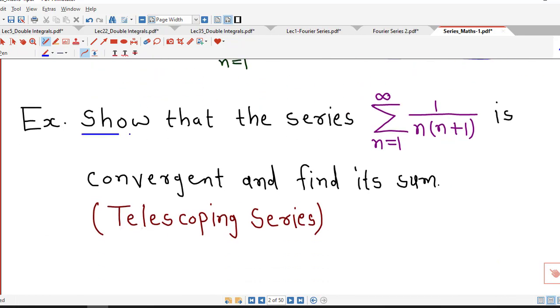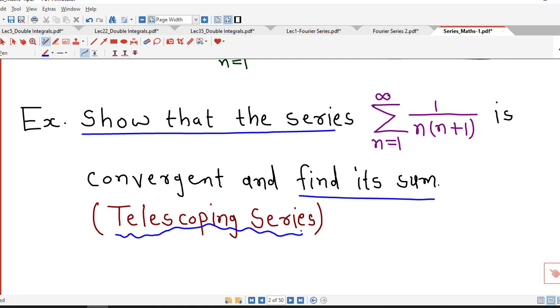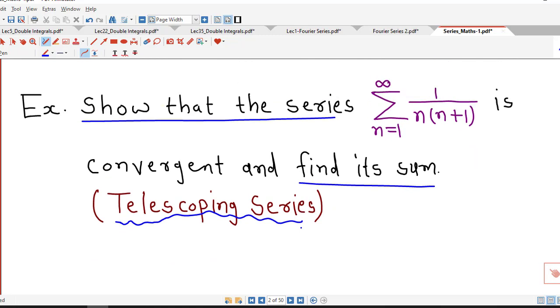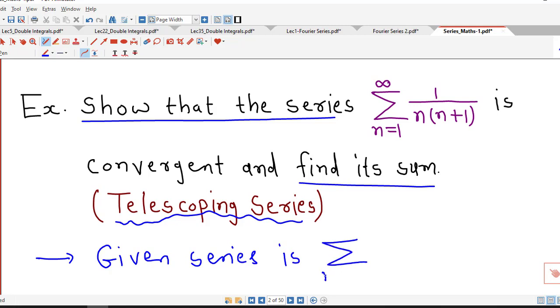Here we are asked to prove that the series sigma 1 over n(n+1) is convergent, and we have to find its sum. This series is known as a telescoping series. So we use the definition of convergence of a series. First we write down the given series: sigma n equal to 1 to infinity of 1 over n(n+1).